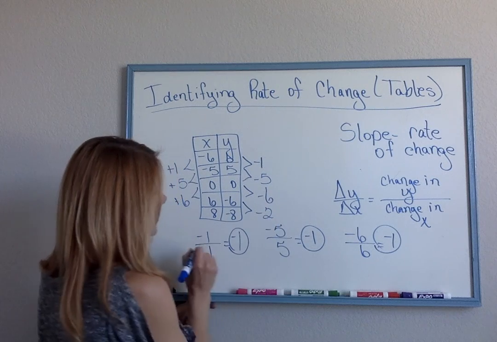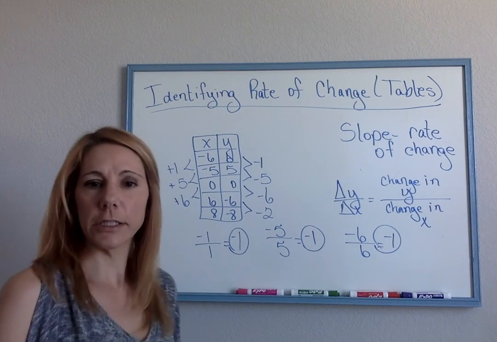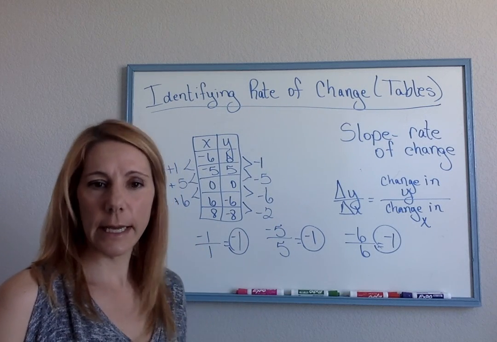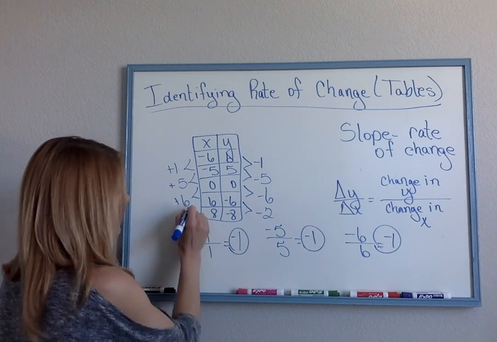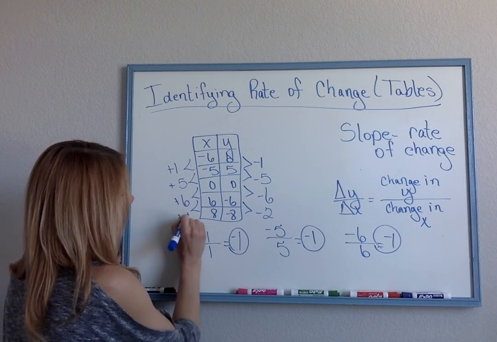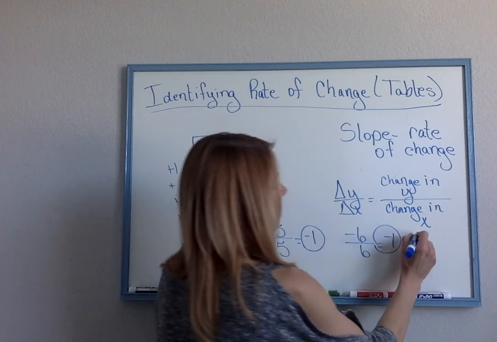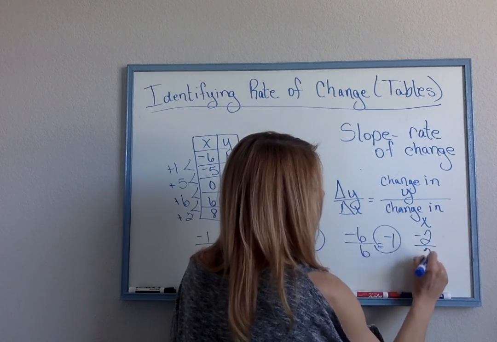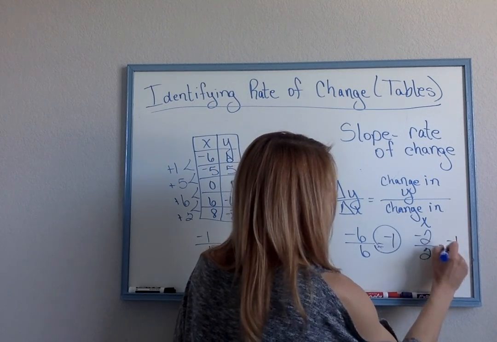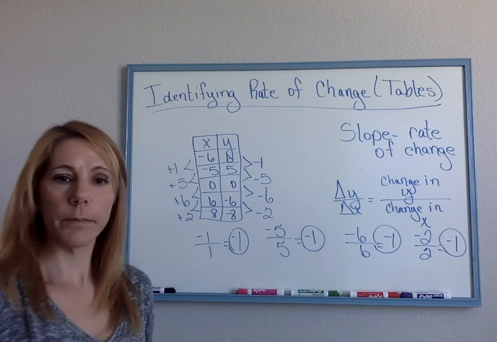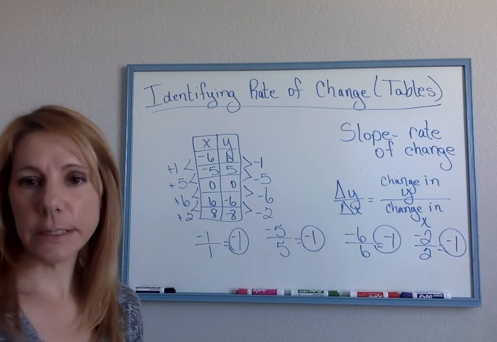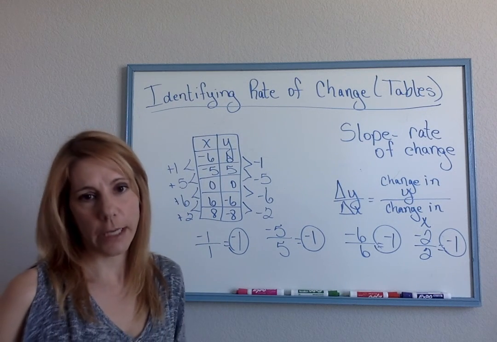I'm subtracting 2. -6 to -8, I'm subtracting 2. And 6 to 8, I'm adding 2. So -2 over 2 is -1. So each time I'm still getting the same rate of change.